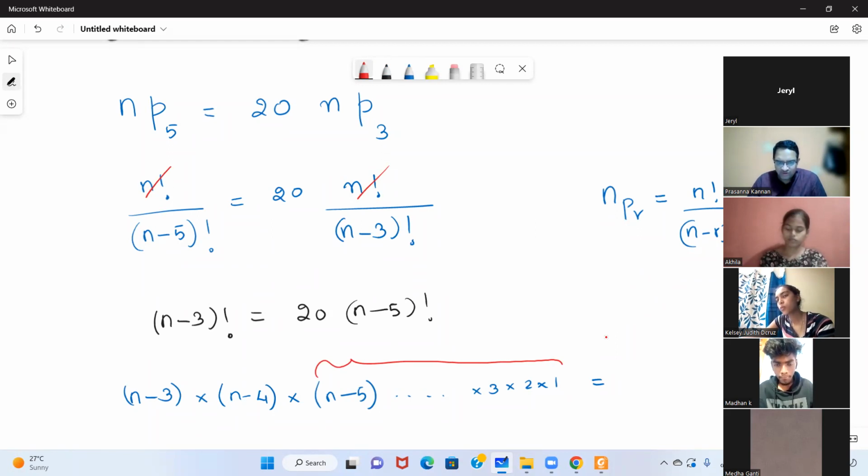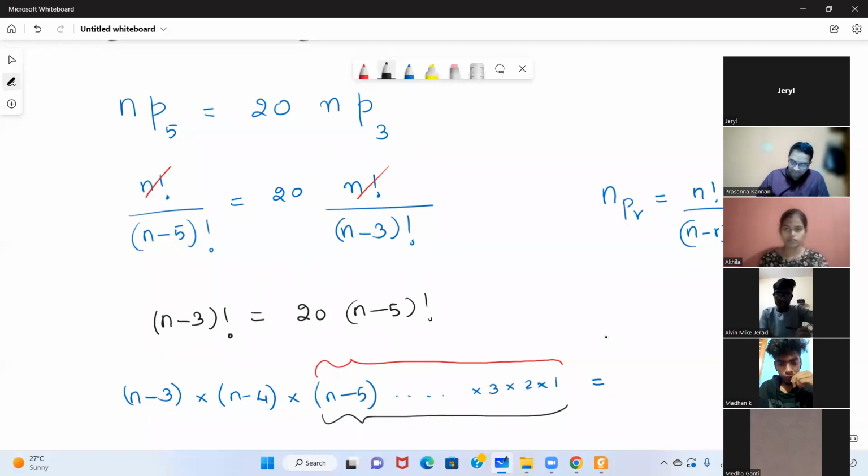Can I call it n minus 5 factorial? Isn't this n minus 5 factorial? Yes, sir. On the right hand side, you have 20 into what? n minus 5 factorial.